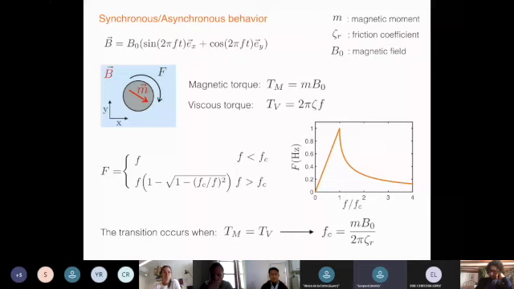One can predict when the transition will occur. It will occur when your magnetic torque is equal to the viscous torque, and this gives you the critical frequency Fc at which the transition occurs, which is basically the magnetic moment times the amplitude of the field divided by the friction coefficient.